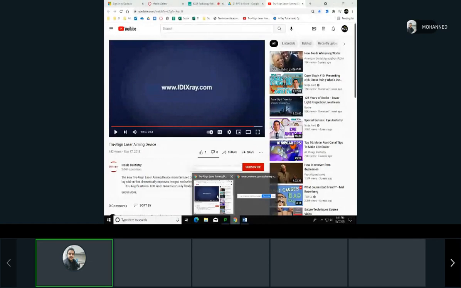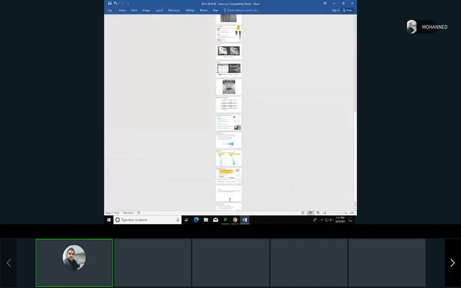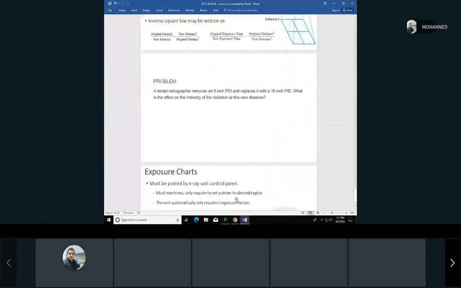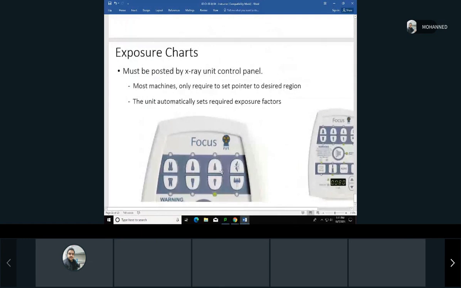You don't change the time here? Exactly. The only reason is that we want to use the least amount of exposure for teaching. But when you go out there, you have to change it. We usually try to get the lower exposure.